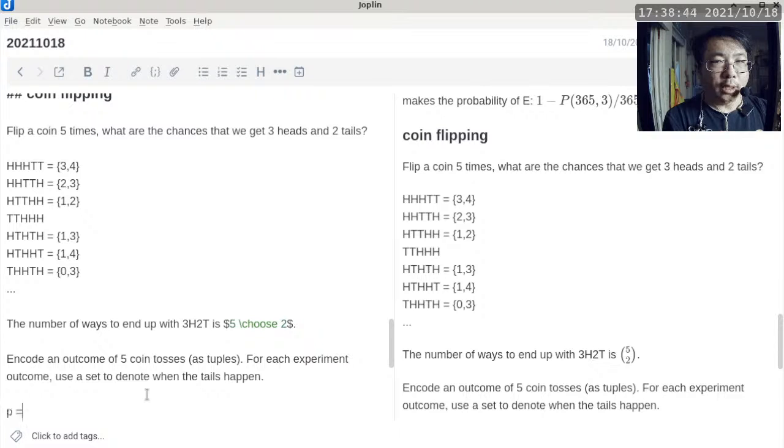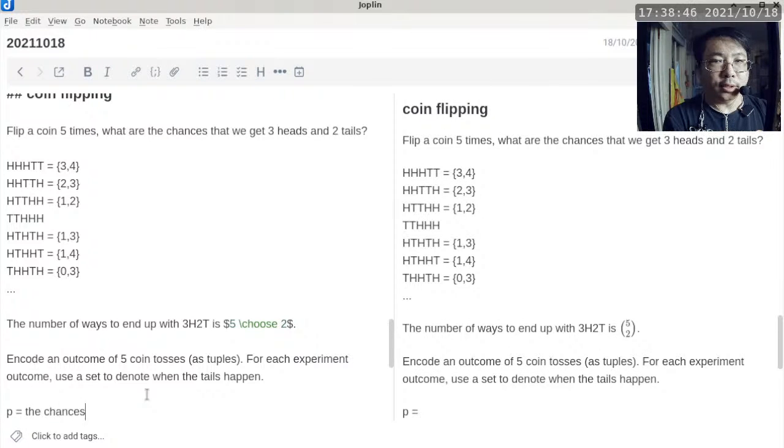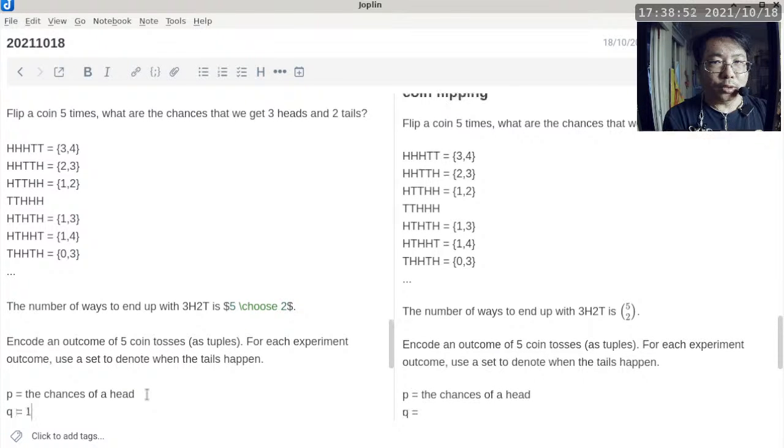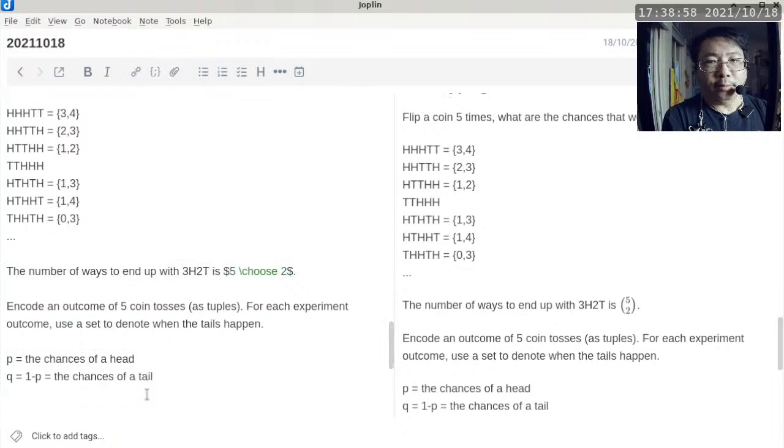Let's say P is the chances of a head after a coin toss, and then Q, which is 1 minus P, is the chances of a tail. So I'm just randomly picking 2 constants, 2 names. P is the chances of landing on the head, and Q is the chances of landing on the tail. Normally, if a coin is not loaded, they should be the same.